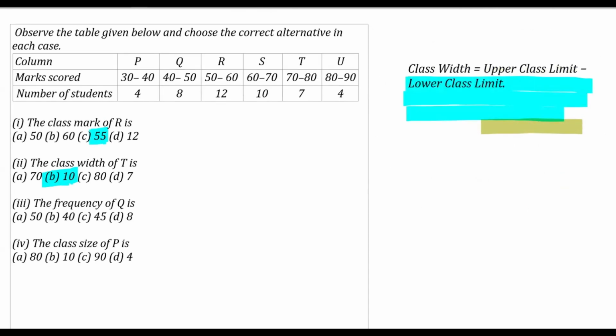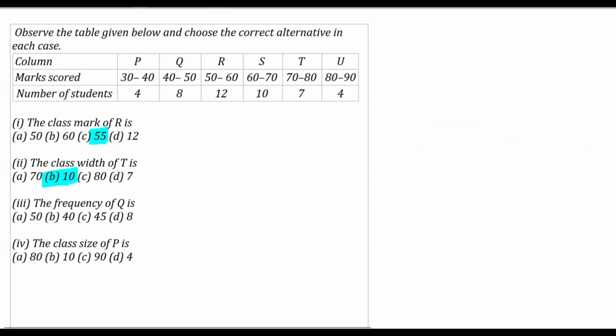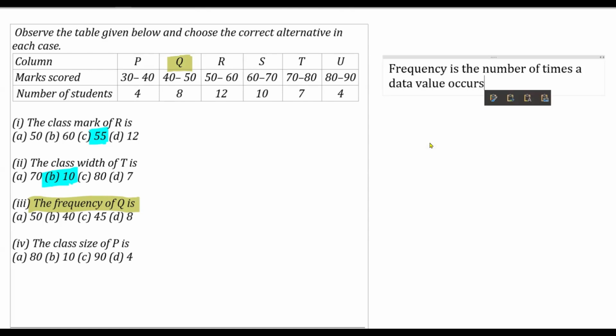If I see the next one, let me erase this first. In the third question, it says frequency of Q, right? This is table Q. And what is frequency? What is the definition of frequency? So frequency is the number of times a data occurs.